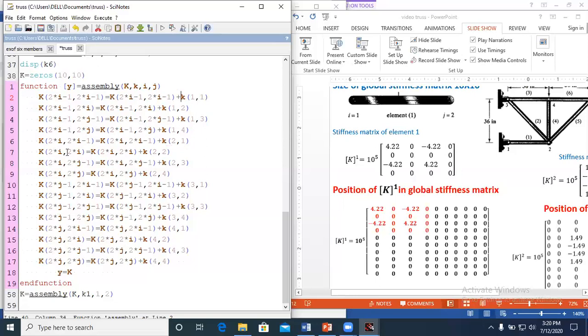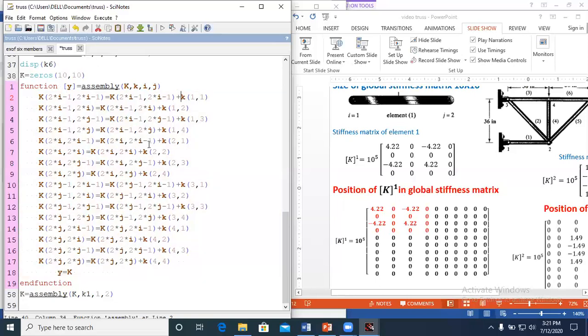In this way we can add the elements up to here. After adding k14, we have to move to the second row. For the second row it is 2i and 2i minus 1, 2i is 2 and 2i minus 1 is 1, that means K21.